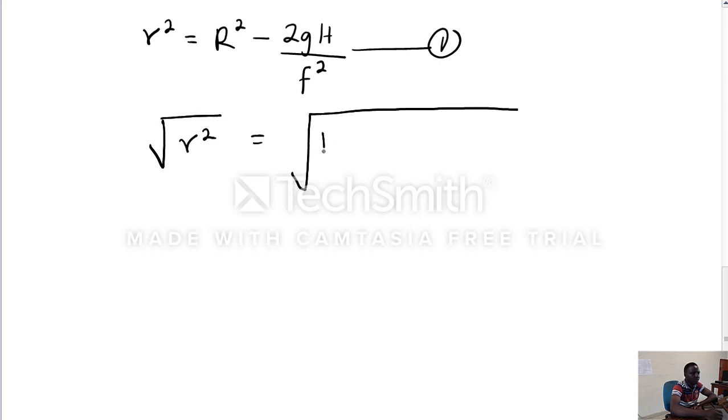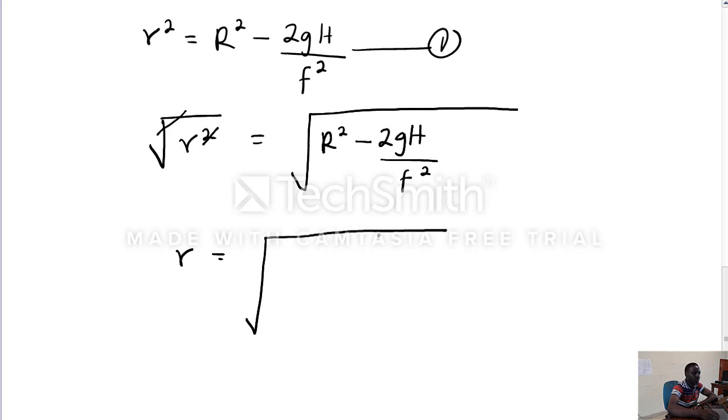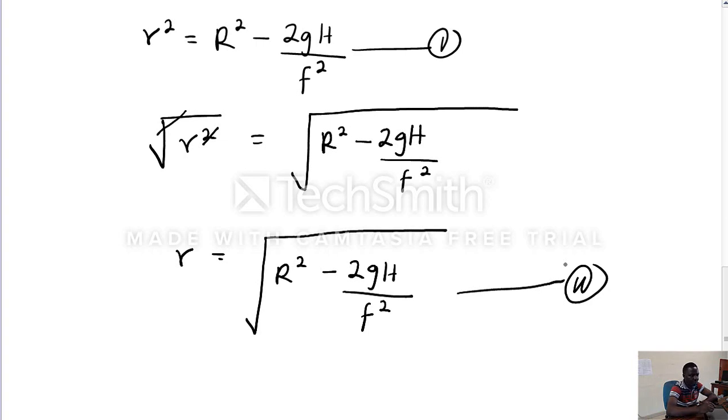This becomes capital R squared minus 2gh divided by f squared, of which square will cancel square root, leaving us with r is equal to the square root of R squared minus 2gh divided by f squared as the subject of the formula.